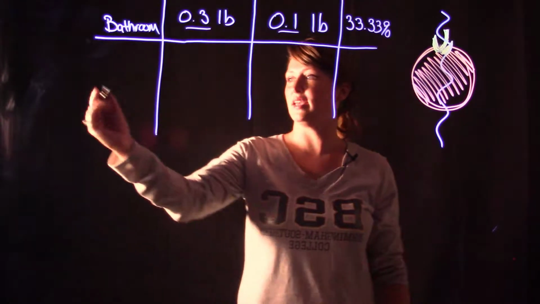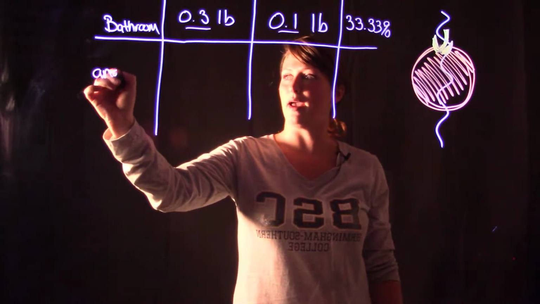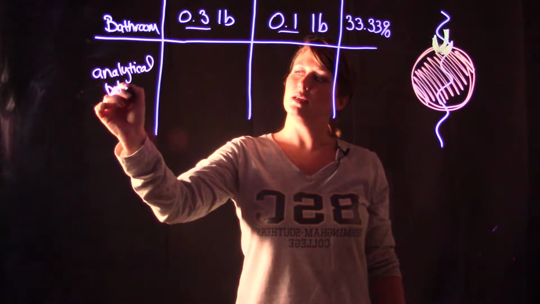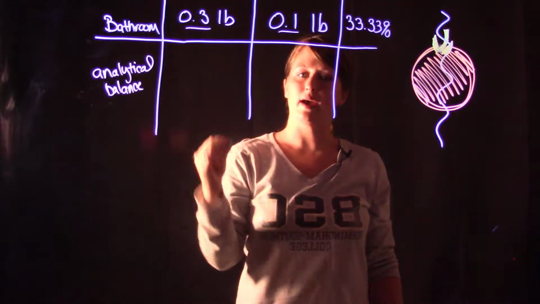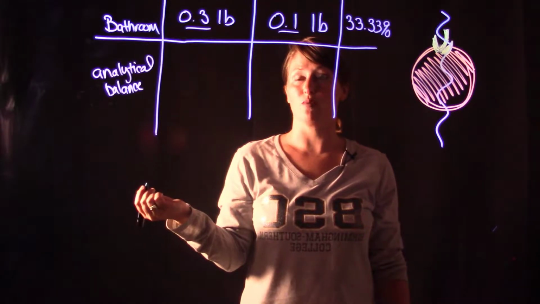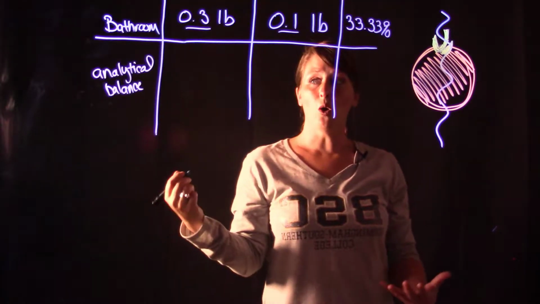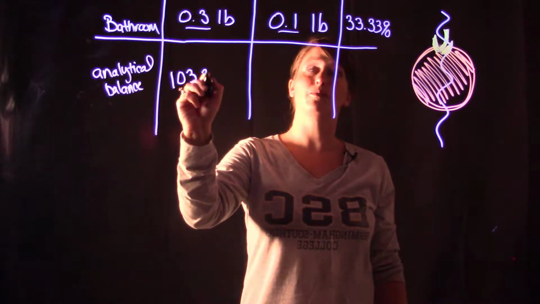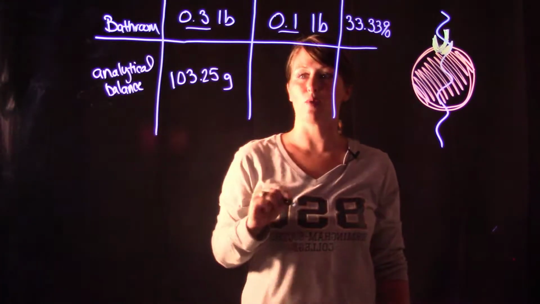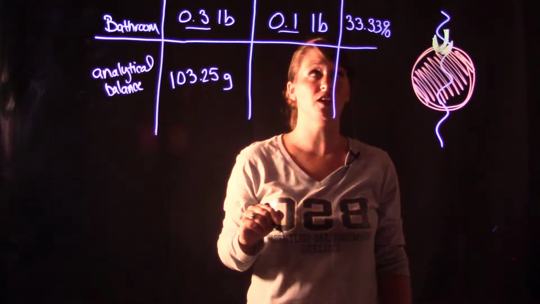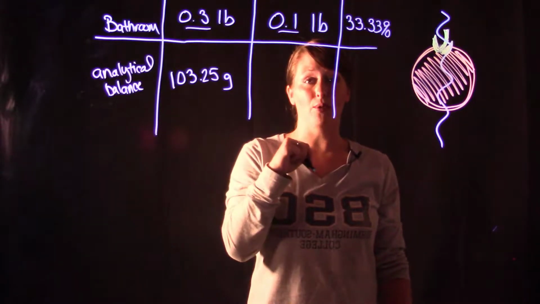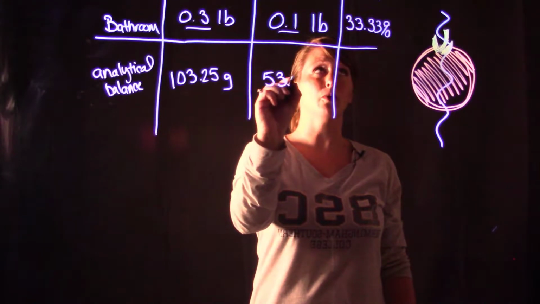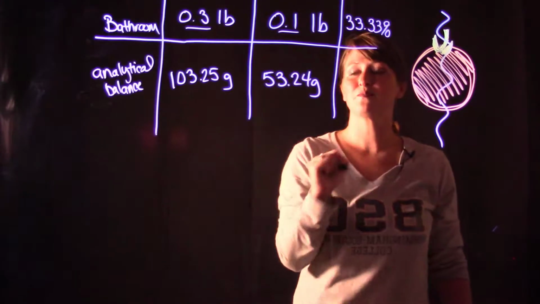Now, if I use an analytical balance that you might have in your Gen Chem lab, these can typically weigh grams up to the 100th of a gram. So when I weigh the whole apple, I might end up with a weight of 103.25 grams, giving me 5 significant figures. When I cut the apple in half and weigh one of the halves, I end up with 53.24 grams.